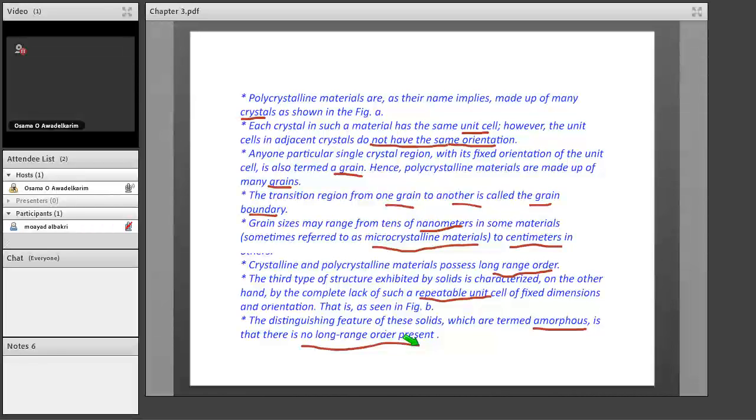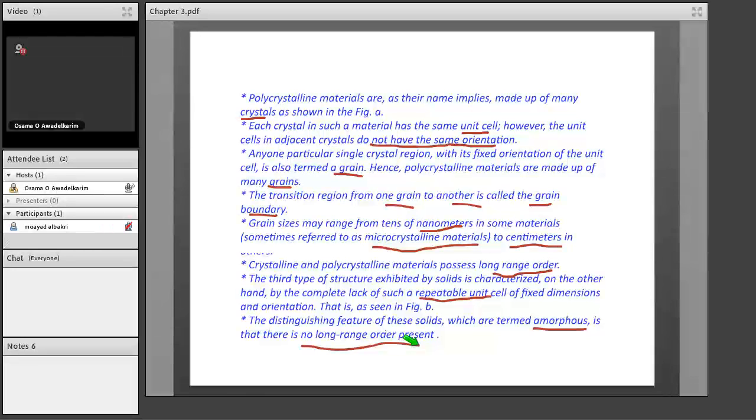Clearly, you can see that the most regular type of solid is the single crystal. And in electronics, we use all types of solids. We use single crystals, polycrystalline solids, and amorphous solids to form the devices.